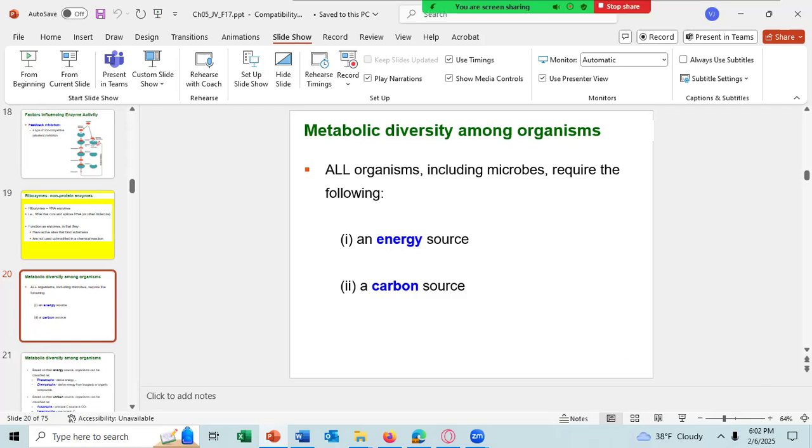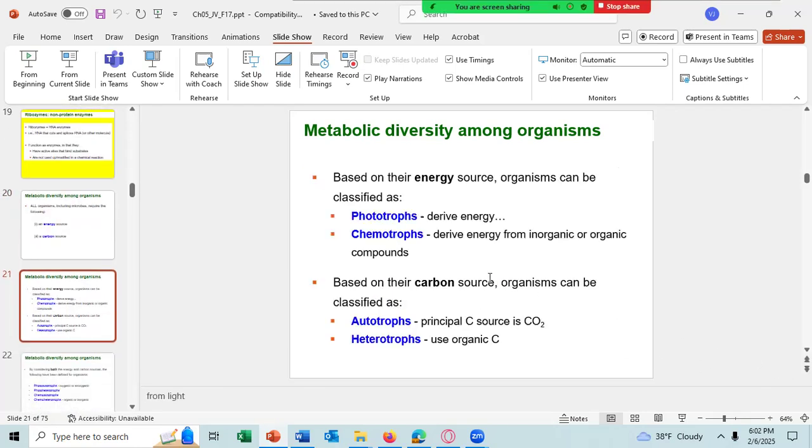You can classify organisms based on where they get their energy source. Organisms can be called a phototroph if the organisms derive its energy needs from light. So that's what a phototroph is. You can have a chemotroph, and these organisms derive the energy they need from a chemical compound.